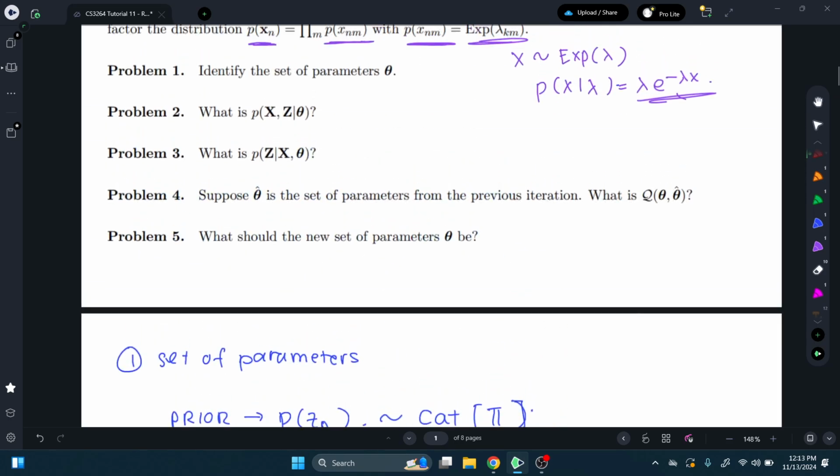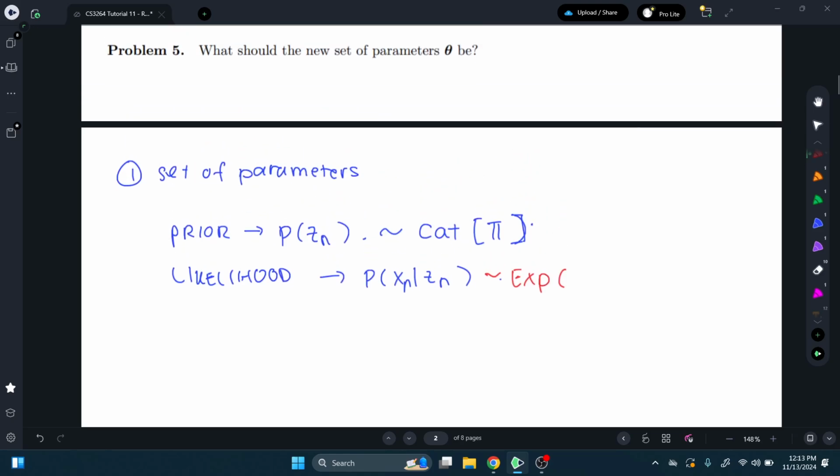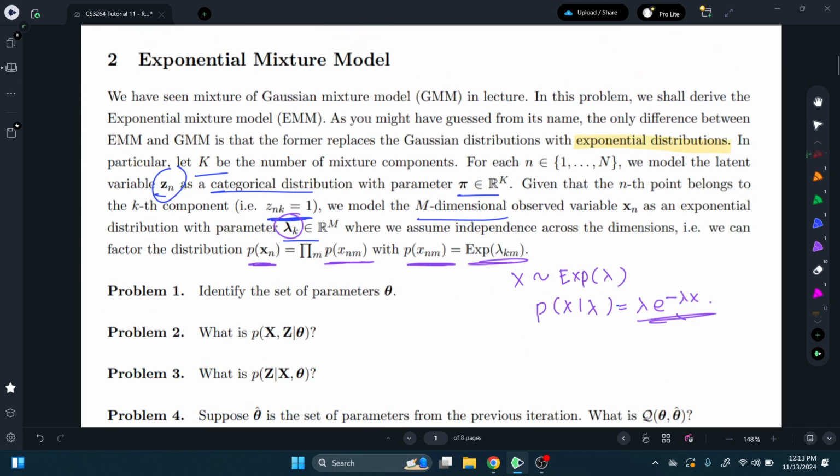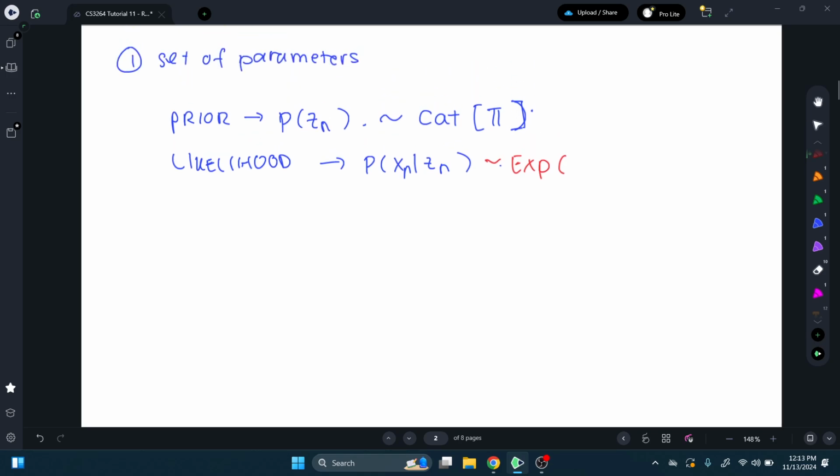Okay, but exponential of what here? Notice that we are only concerned about this whole xn. It will have m different components, right? Because it's a vector. Each of the components will have this distribution, your exponential lambda km. So in total, if I have this xn, zn, for every single component I want to determine this xnm given your zn.